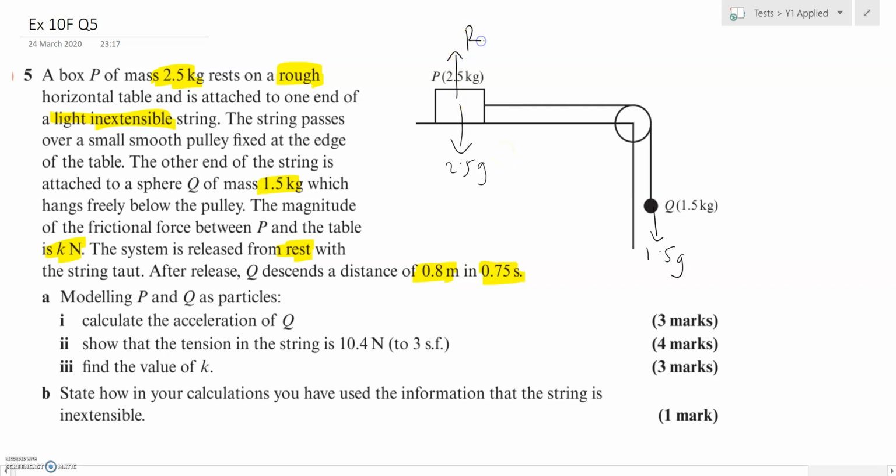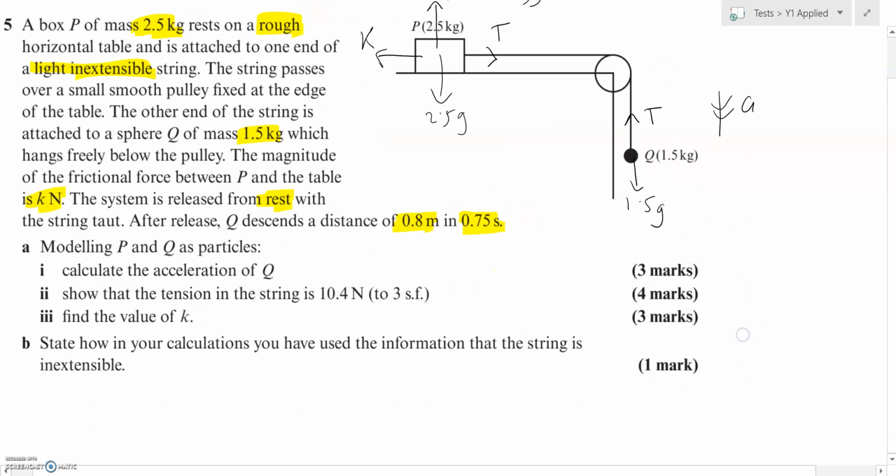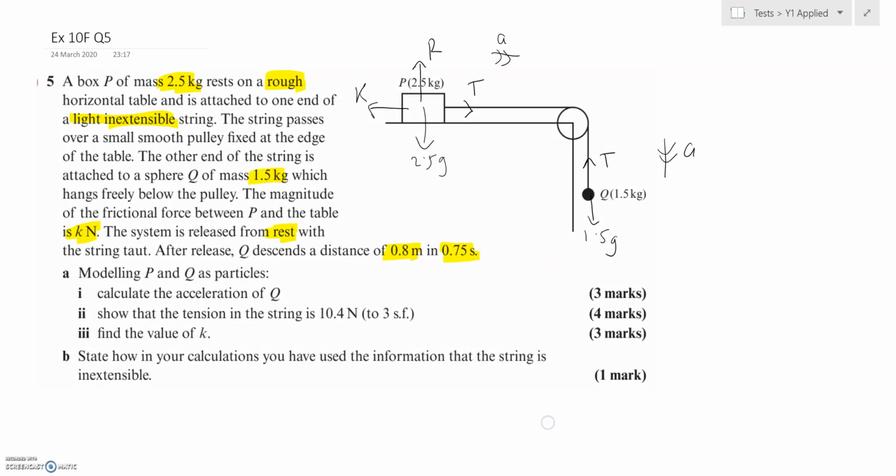It's on a rough surface, and so there's going to be K, the frictional force, and there's a piece of string, so there's going to be tension. And we're told that Q descends, so it's going to go this way, and P is going to end up going like that. So that's our force diagram. Then it tells us to calculate the acceleration for Q.